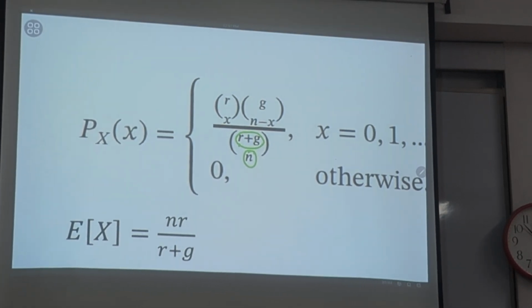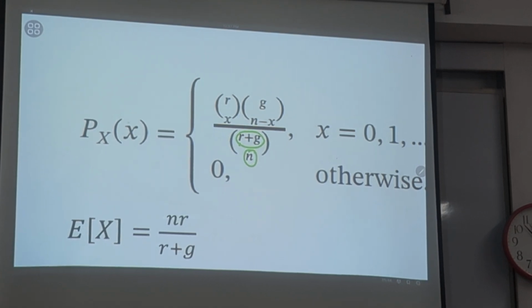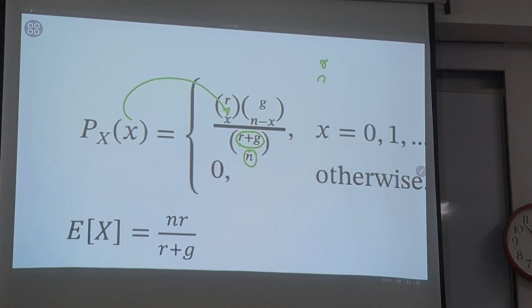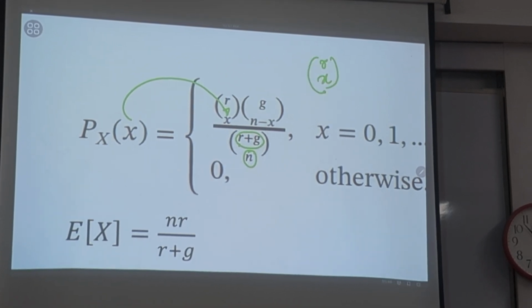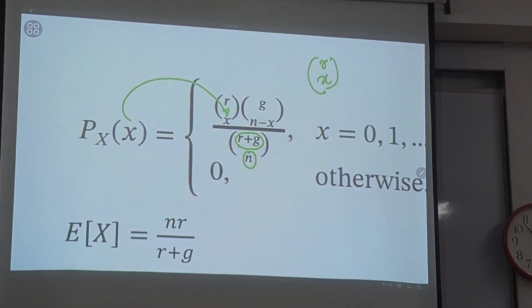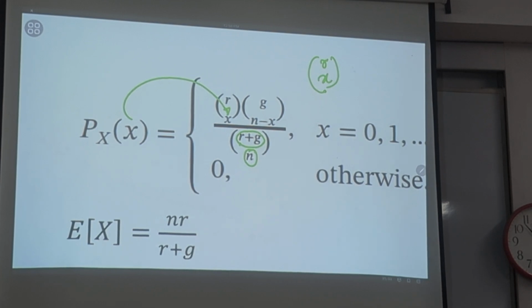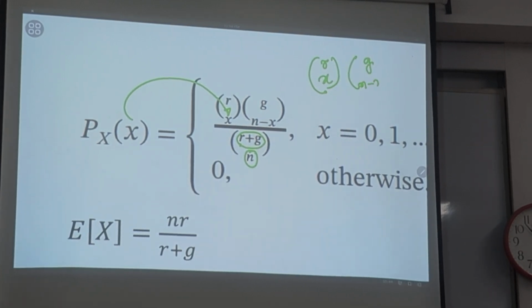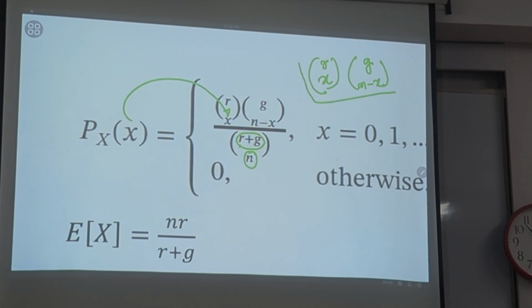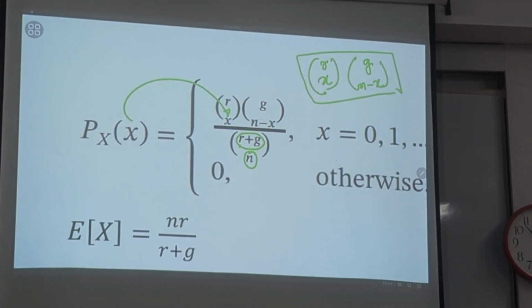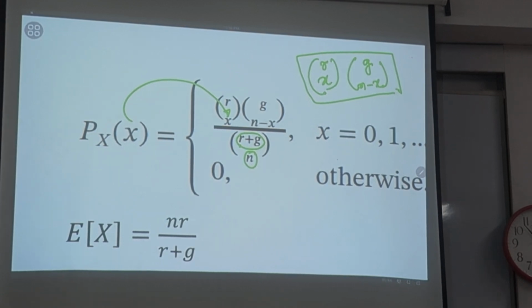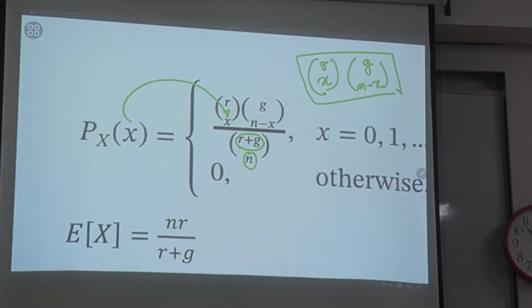Out of this, how many cases will you choose exactly X red balls? It will be R choose X, and the remaining N minus X balls are green. So how many ways can you pick N minus X balls from the G balls? G choose N minus X. So this product gives you the number of ways by which you can pick exactly X red balls and N minus X green balls.